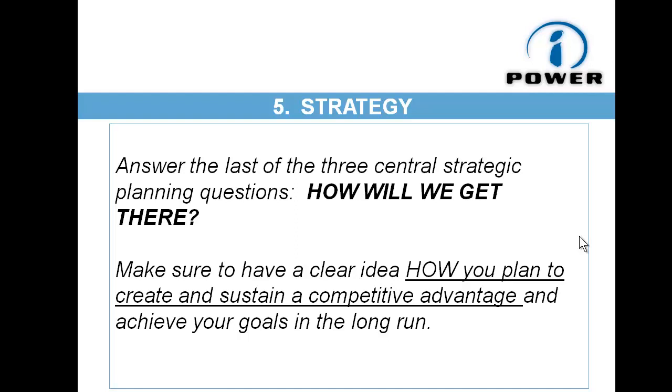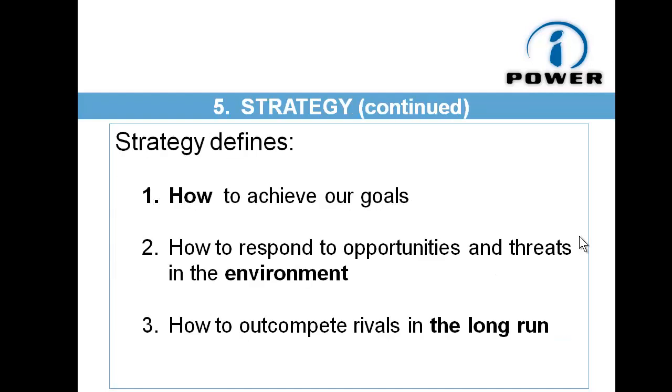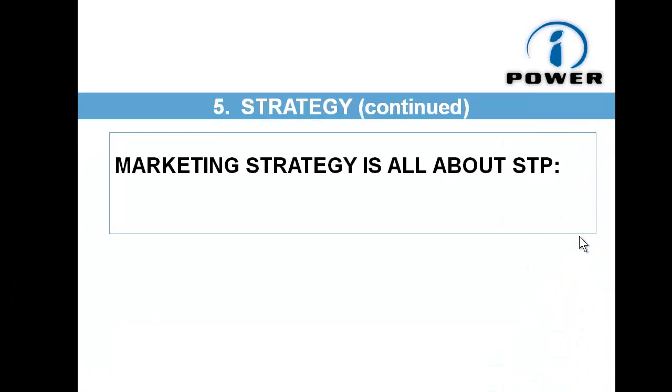Strategy defines how we plan to achieve our objectives and goals, how we plan to respond to opportunities and threats in the environment, and how we plan to outcompete rivals in the long run.